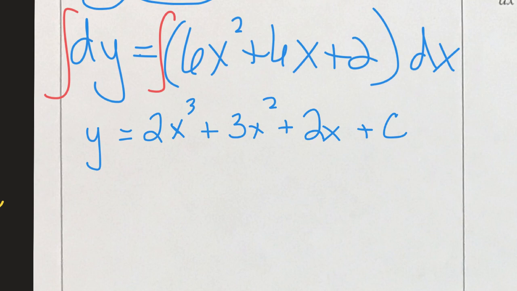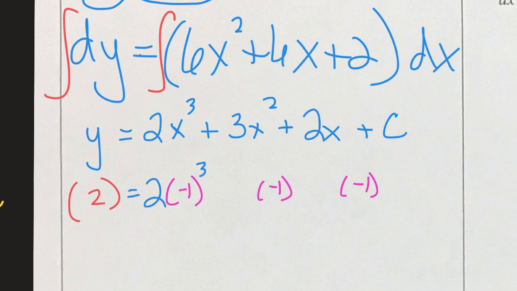So now that we have taken the antiderivative, we're going to replace y with 2. So y is 2, and x is -1. So -1 goes here, -1 goes there, -1 goes everywhere you're going to see an x.